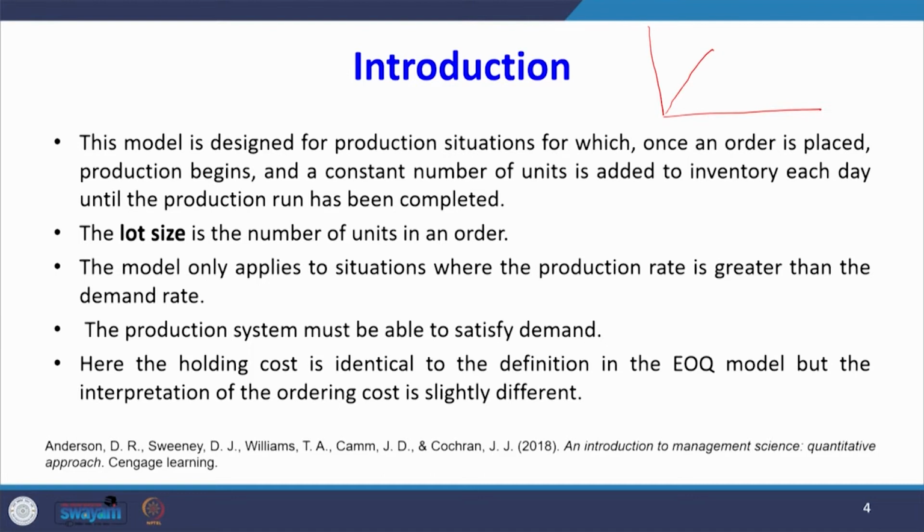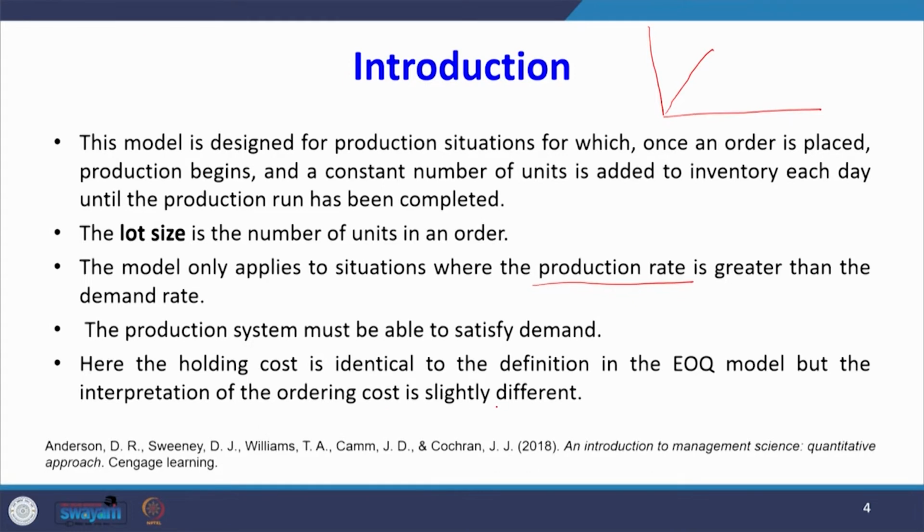We are producing more than the demand. The production system must be able to satisfy demand, that is why we have this assumption: production is more than the demand.